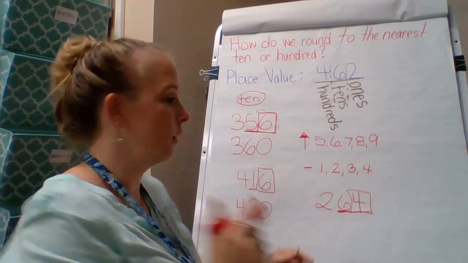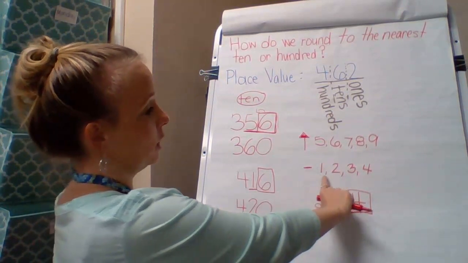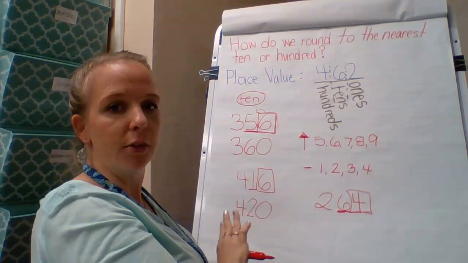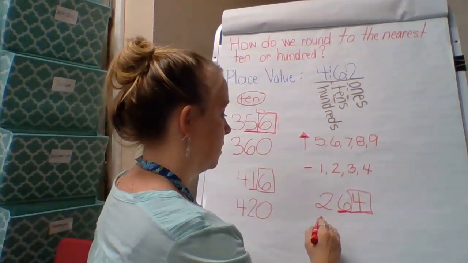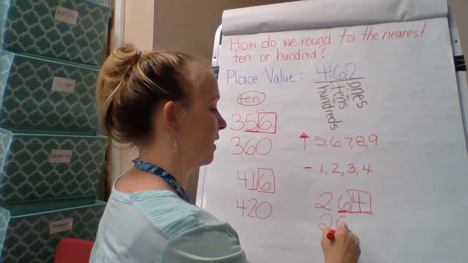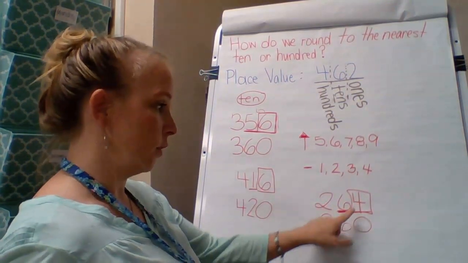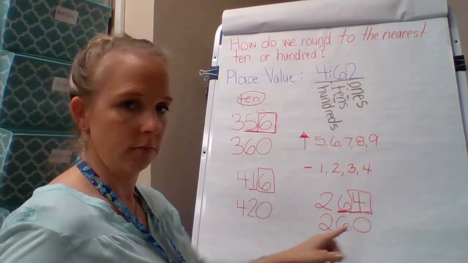I don't know what to do. The number 4 is going to tell you, well, I am lower than a 5, so hey, number 6, you're going to just stay the same. You're not going to do anything. You're going to rest. You're going to chill out. So number 6 says, okay, I'm going to stay the same. Bye, neighbor. You say goodbye to your neighbor and keep a 0 to hold that place value.